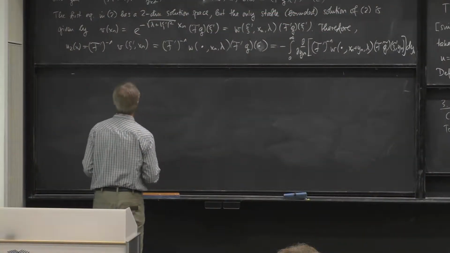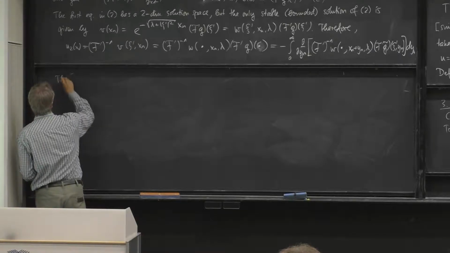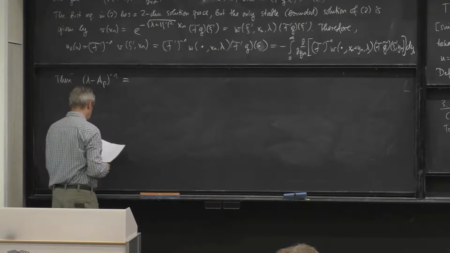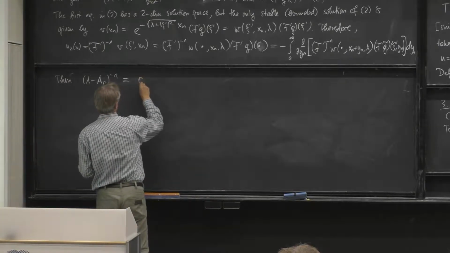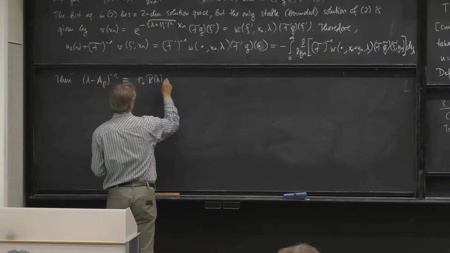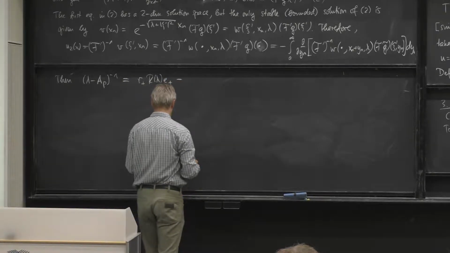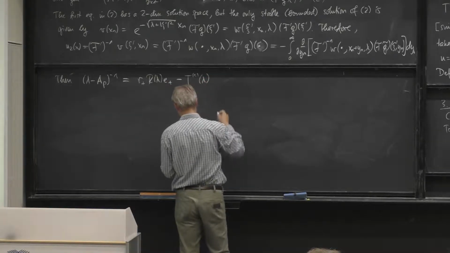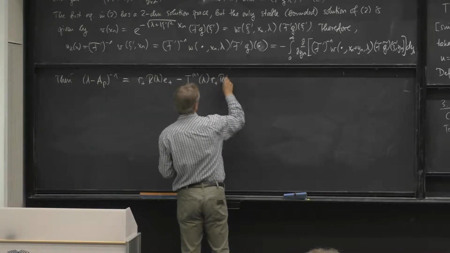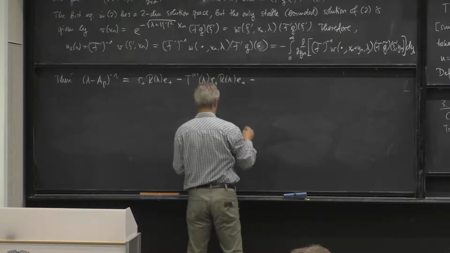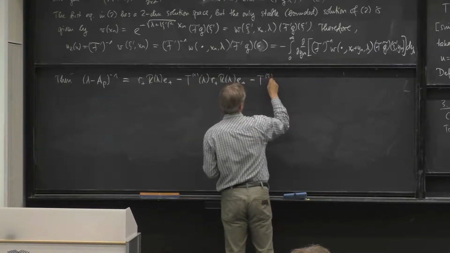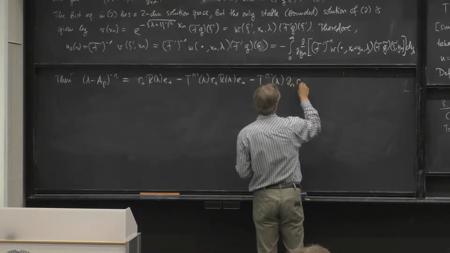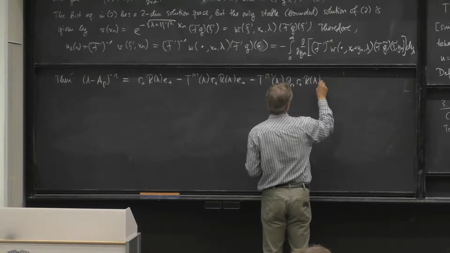So then (lambda minus A_p) inverse is R plus R lambda E plus minus T1 lambda applied to this R plus lambda E plus minus T2 lambda applied to d_n R plus R lambda E plus.